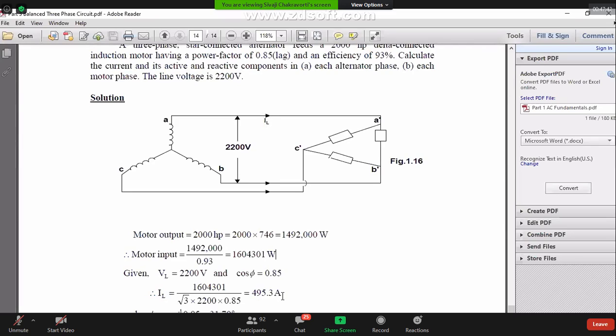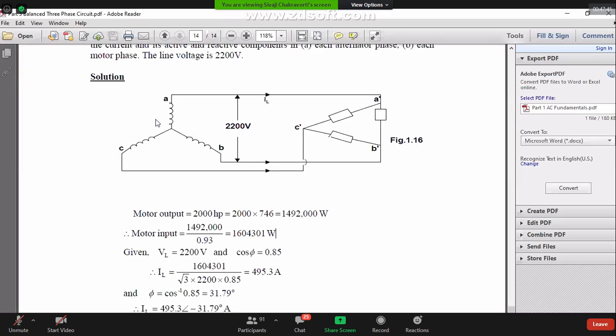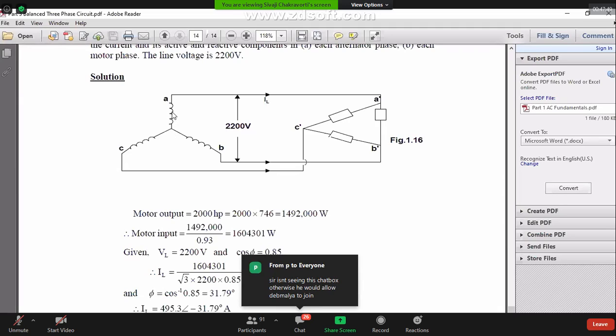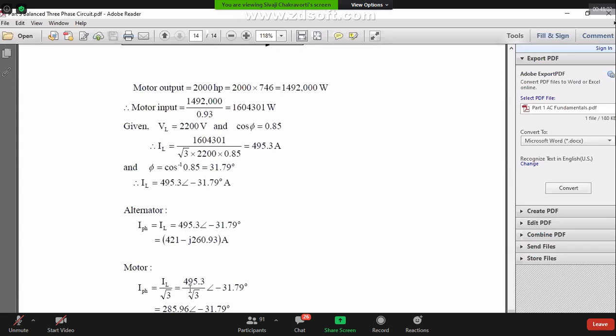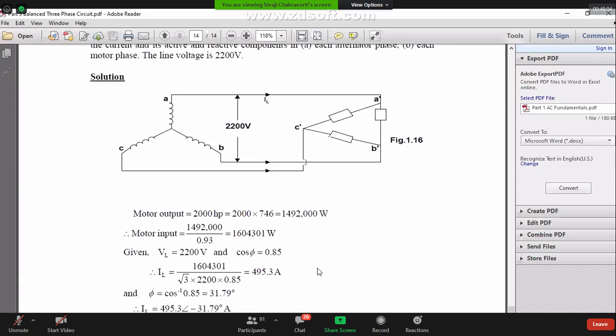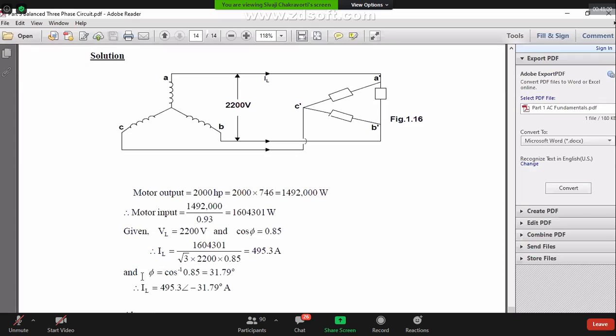Now this 2000 HP is a mechanical power, not electrical power. The motor always has an input power and output power. The input power is electrical power, output power is mechanical power. This 2000 HP is therefore the output power. From that you cannot calculate directly the current. What you need is the input power, that is the electrical power. For that, the efficiency of the motor is given as 93%.